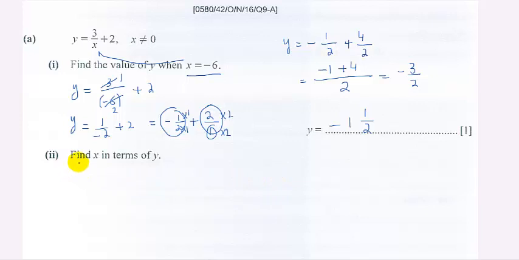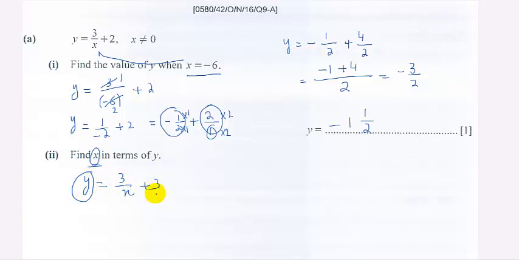In the next part, find x in terms of y. X in terms of y means x should be the subject. But in this equation we have y as the subject, and we have to make x the subject.